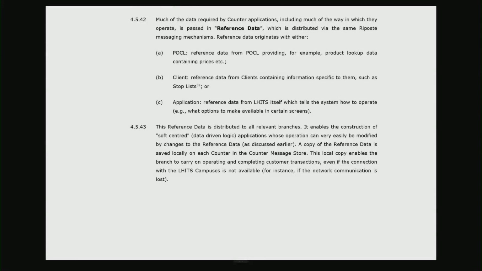And all of those three categories of reference data, they were saved locally on the counter in the counter message store, is that right? Yes. And that localized copy, is this right, is one of the features that enabled trading to carry on, an operation to carry on, even if connection with the campuses was lost?